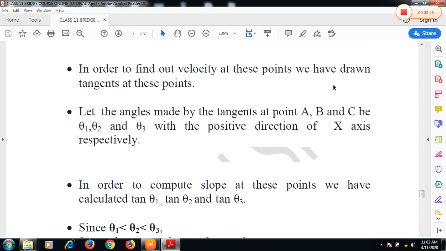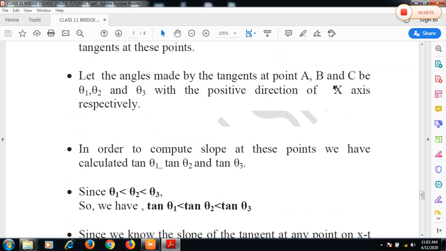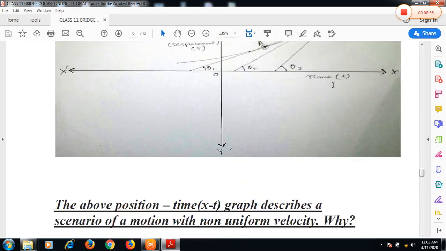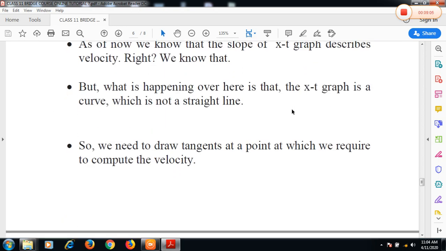In order to compute the slope at these points, we have calculated tan theta 1, tan theta 2 and tan theta 3. Since we have theta 1 less than theta 2 less than theta 3, we also have tan theta 1 less than tan theta 2 less than tan theta 3.